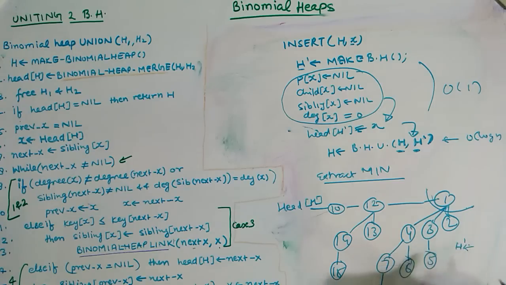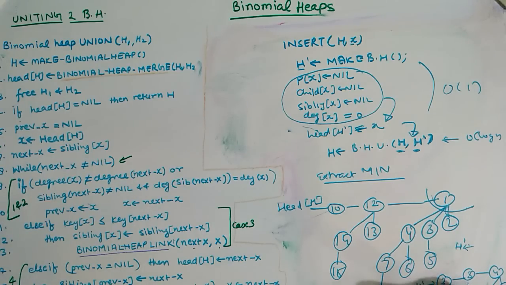So this h dash will contain the children in reverse order, that is, increasing order of degrees: 2, then 3 with 5, and 4 with 6, and 7 and 8.